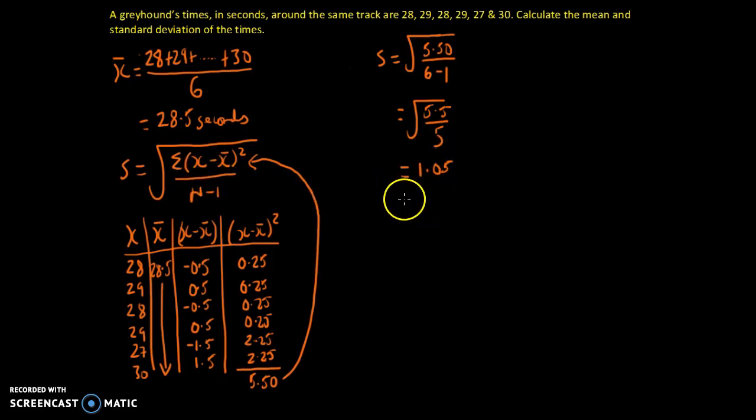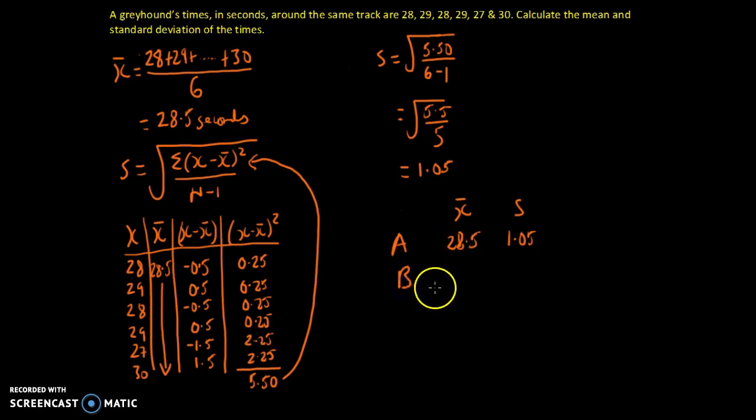I'm going to give you a way of interpreting that which hopefully might make a bit more sense. So say we call this Greyhound A, and his or her mean time, as we found out earlier, 28.5 seconds, and the standard deviation 1.05.